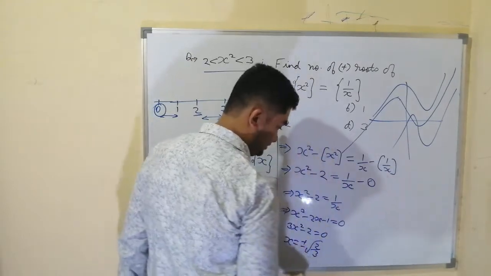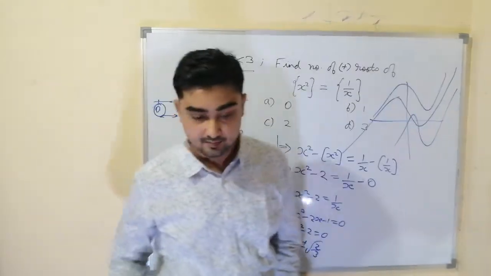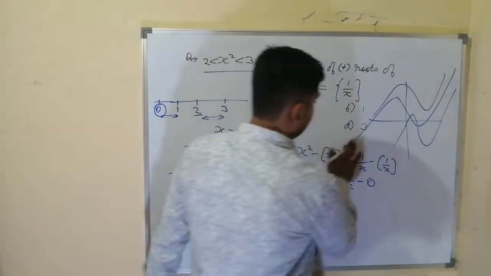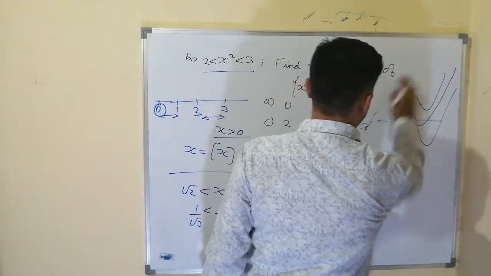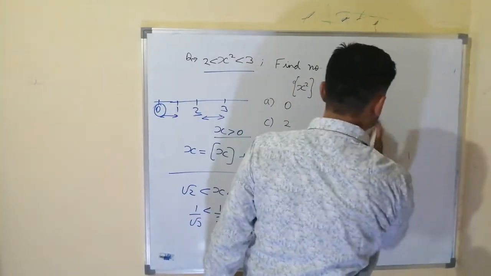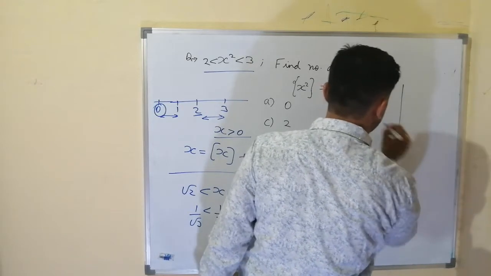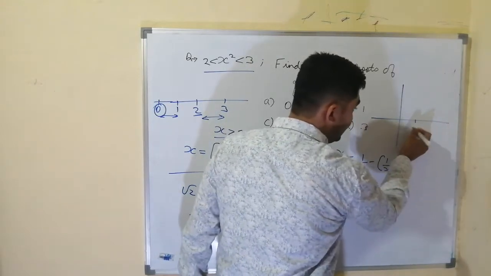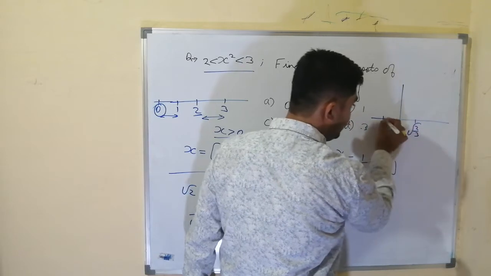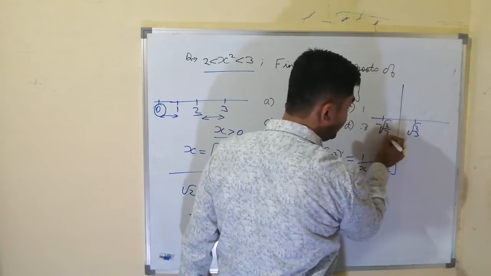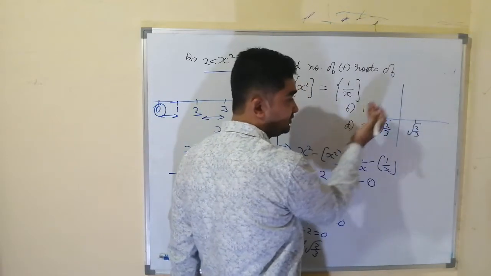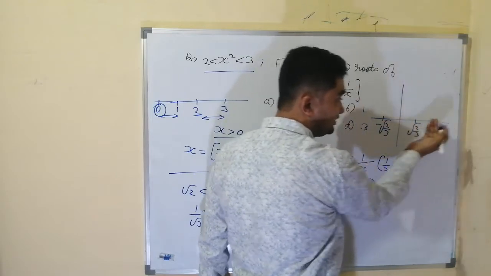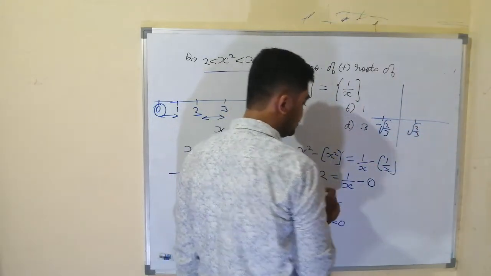That means this graph is here somewhere will have 2 by root 3, here somewhere will have minus 2 by root 3. We need not consider the negative side of x-axis. We will only consider the positive side of x-axis because we want positive roots.